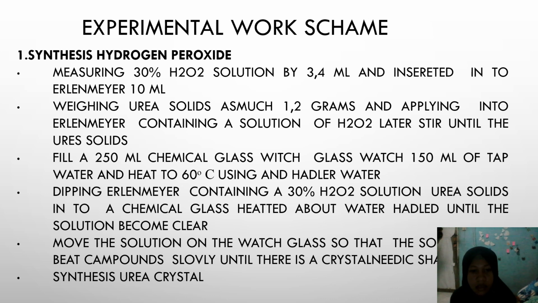Move the solution onto the watch glass so that the solvent evaporates slowly until there is a crystalline shape. Finally, the urea hydrogen peroxide crystal is synthesized.